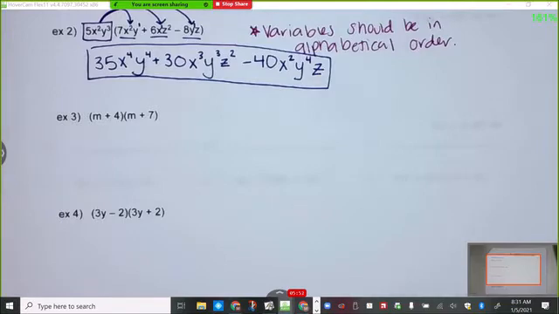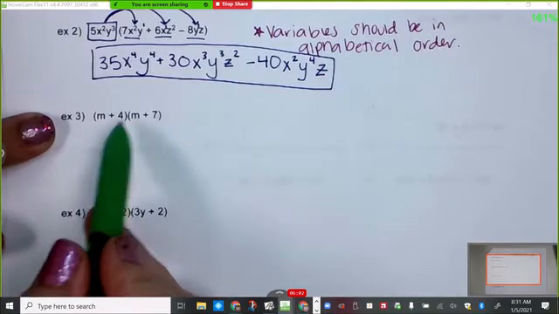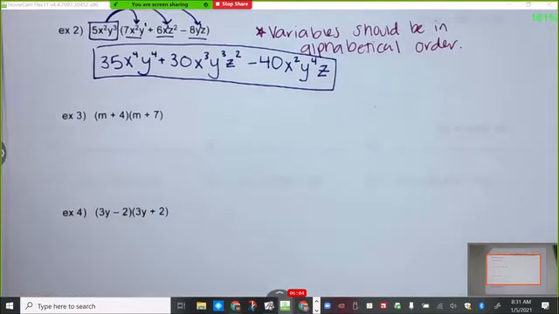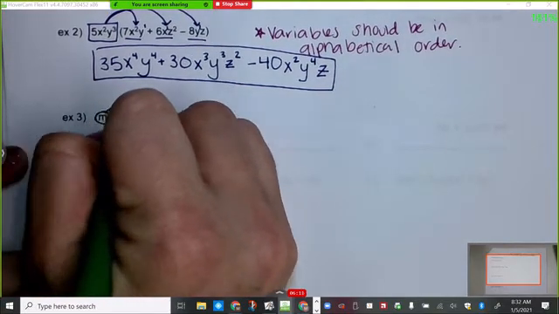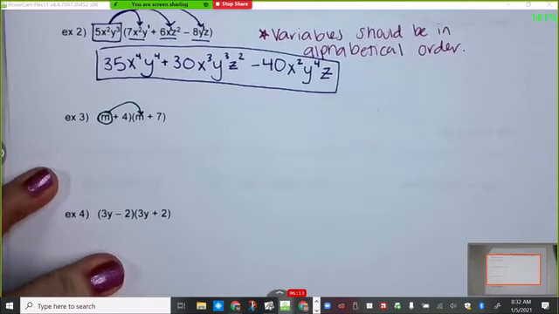FOIL. First, outer, inner, last. That's where this acronym comes from. I don't really use the acronym. I just call it double distribution, and I take one term, distribute it, other term, distribute it, and that's it. But it's the same thing as saying first, outer, inner, last. So first is m, and if I multiply it times the first in the other parentheses, what's m times m?